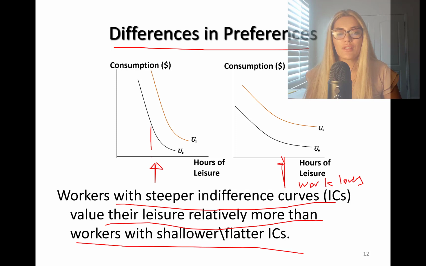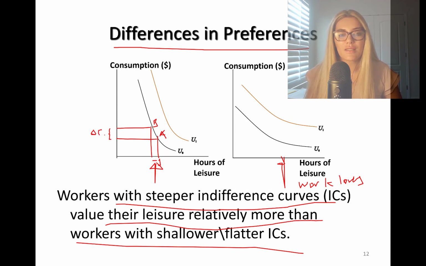So in order to get them to give up 1 unit of leisure, look, -1 unit of leisure, these people require, check this out, from point A to B, a lot of consumption, versus this person, A to B. Point A is somewhere here, point B is here.